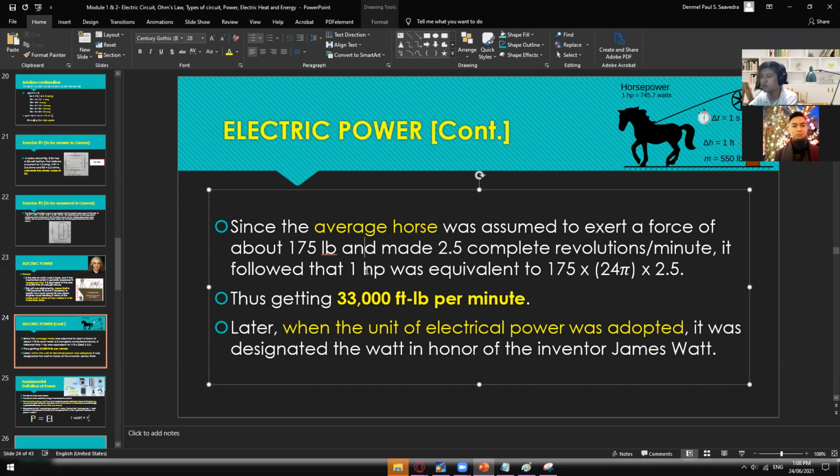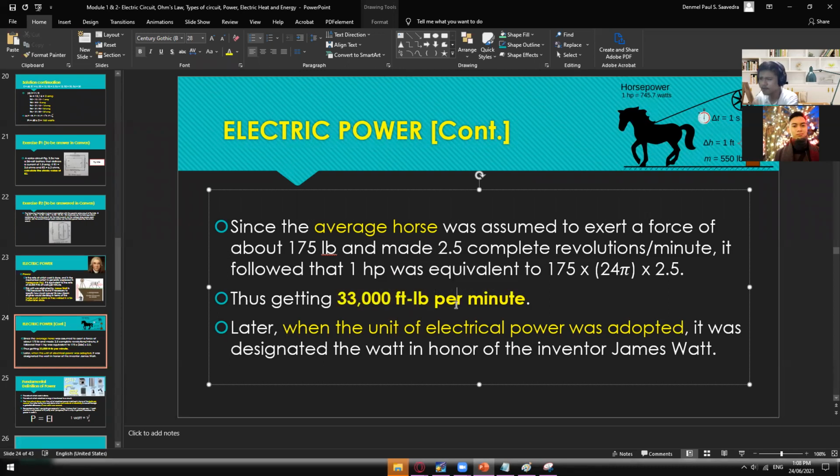It followed that 1 HP was equivalent to 175 times 24 times 5 times 2.5. With this computation, he arrived at 33,000 foot-pounds per minute, which is equal to 1 HP.